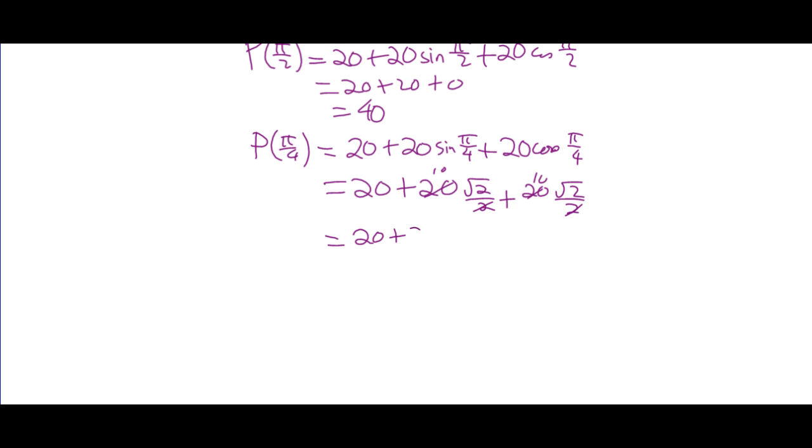So we get 20 plus 20 root 2, which is about 48, since root 2 is 1.414 and 1.4 times 20 is 28. It's bigger than 40 anyways, so that's the maximum perimeter.